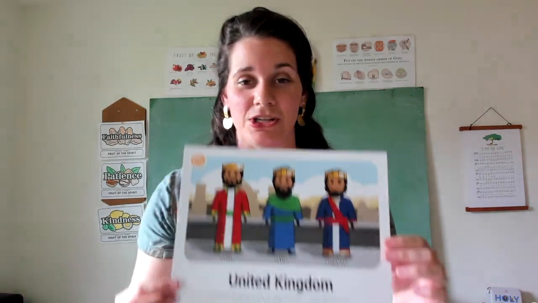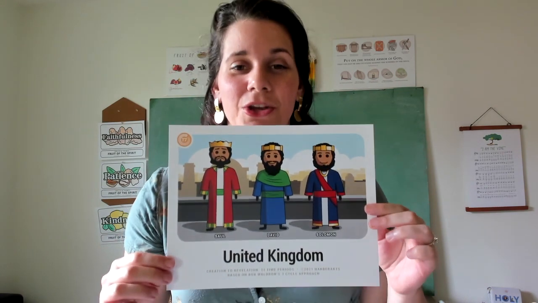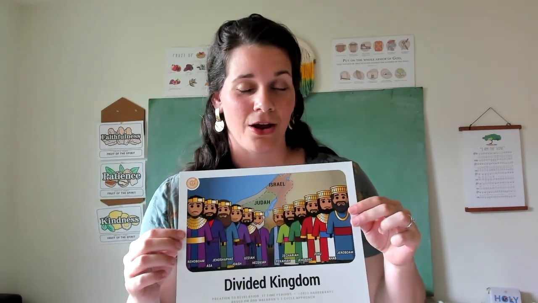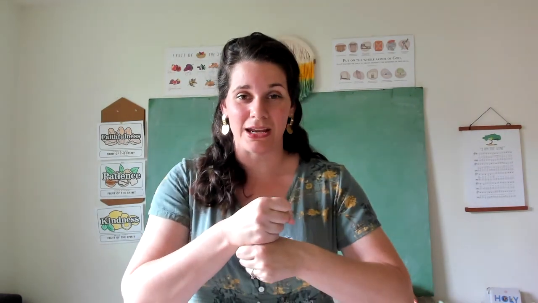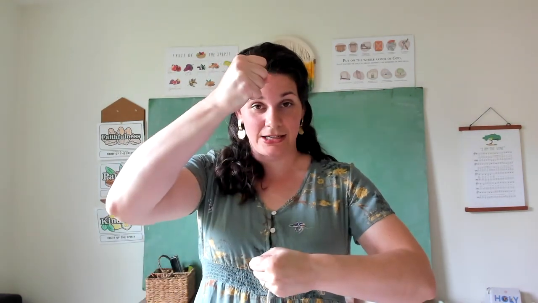Then after the judges, we have our first kings. United kingdom. United kingdom together. Divided kingdom. When Rehoboam made it harder on the Israelites, they split into the northern Israel and the southern Judah. So now they are no longer united, but divided kingdom.